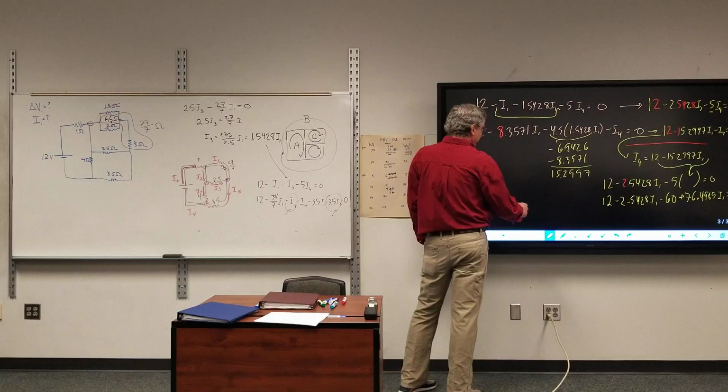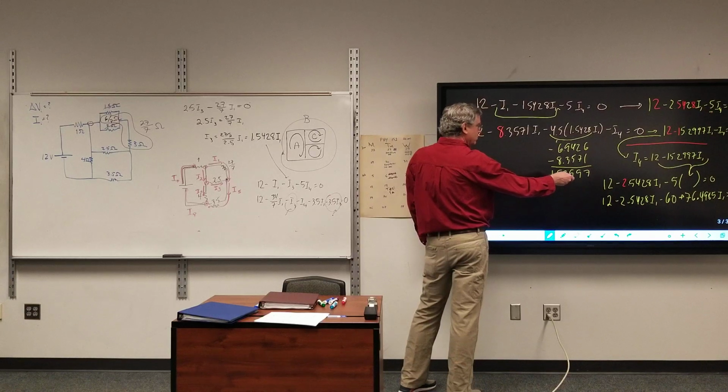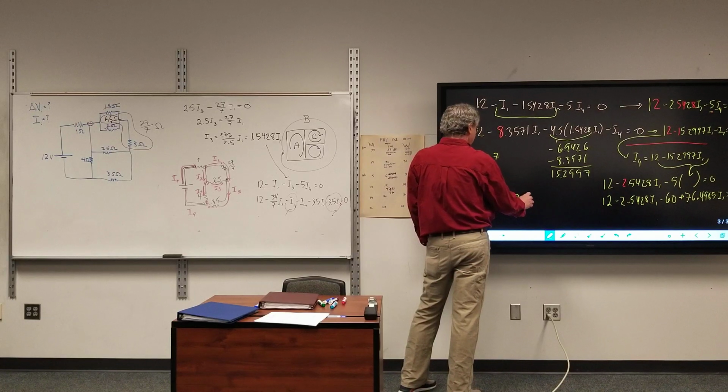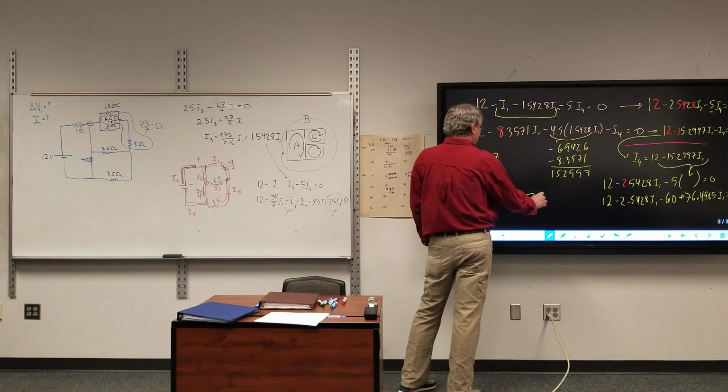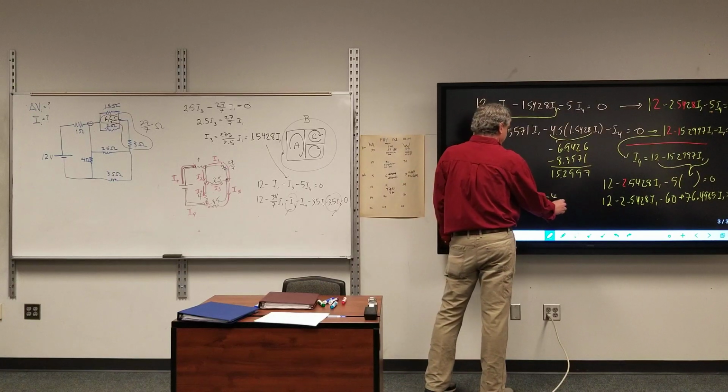So if I bring that over, then I'm left with 76.4985 minus 2.5428, which is 73.9557. Yep. I1 equals 48.